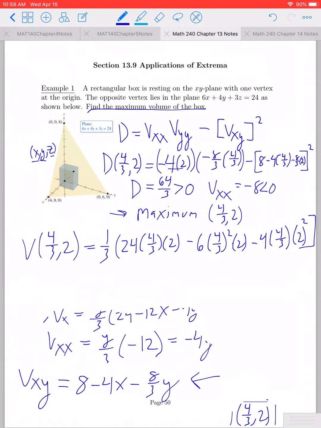If you compute this, this will give us a volume equal to 64/9 cubic units.